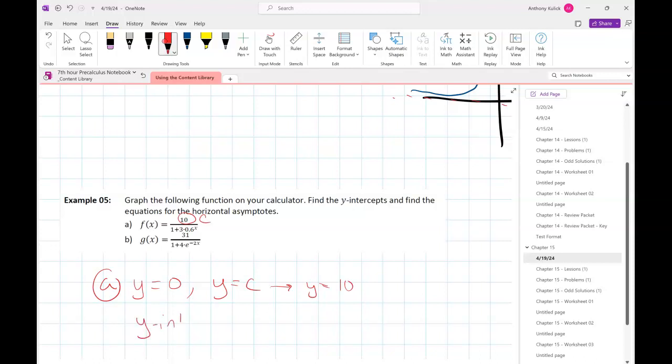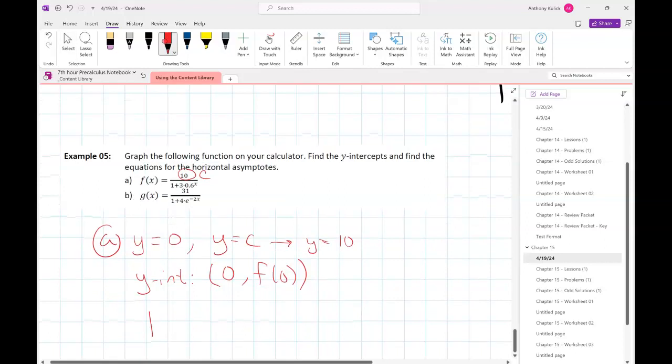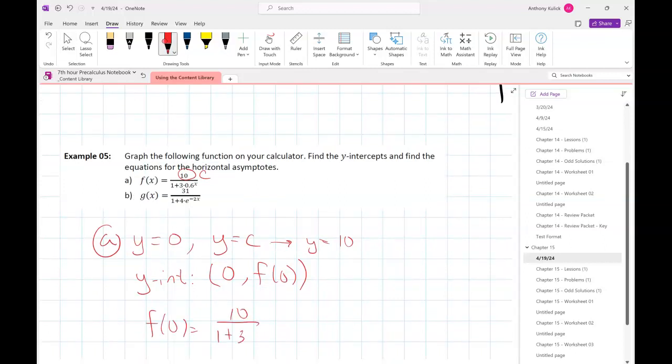Our y-intercept. When I write the point for a y-intercept, what is the x-coordinate always? 0, right? Because it's on the y-axis. So you've gone 0 over. And the y-coordinate will just be when I plug 0 in, right? So f of 0 is going to be 10 over 1 plus 3 times 0.06 to the 0.